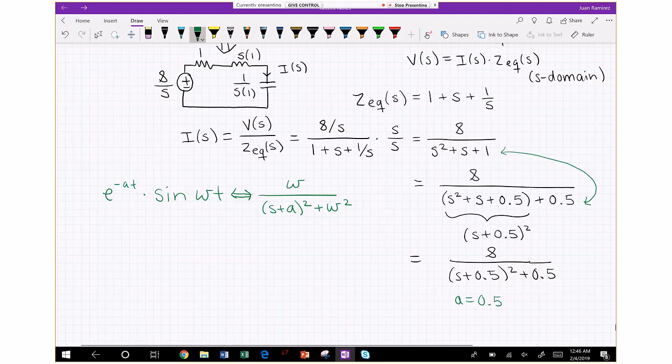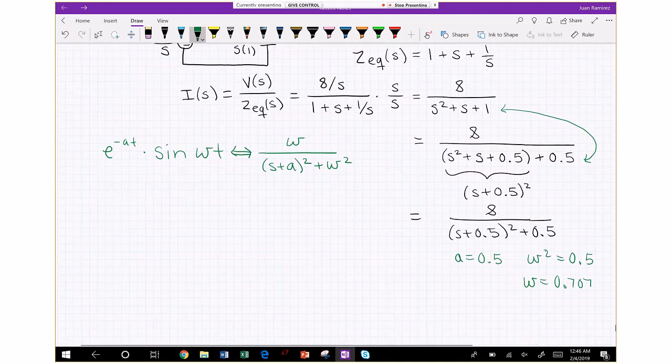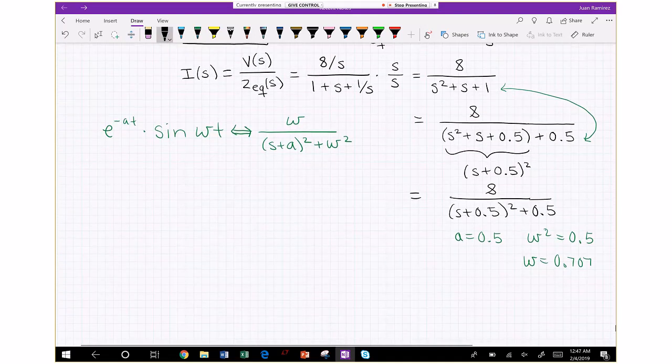My value of omega squared is equal to 0.5. Therefore, omega is the square root of that. Square root of 0.5 is 0.707. So notice we have to be kind of clever with how we're doing this. Nothing too complex, but just have to be aware.